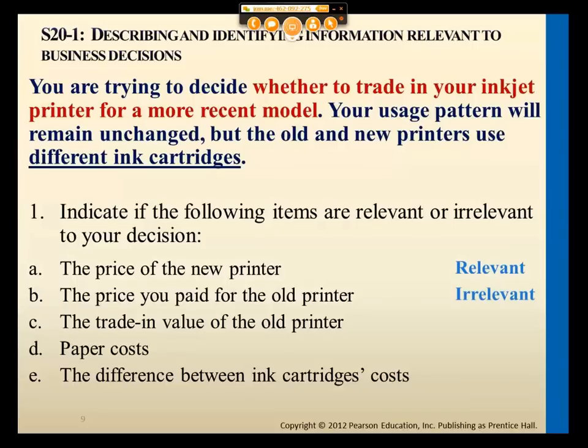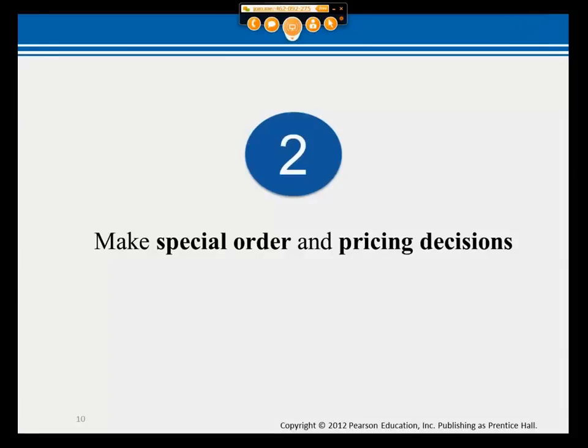We can use that to base the price of the new printer. Paper costs? Why irrelevant? Because no matter what printer you have, it's still the same. Okay. The difference between ink cartridge costs. Good job. All right.